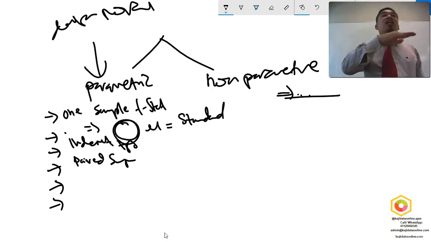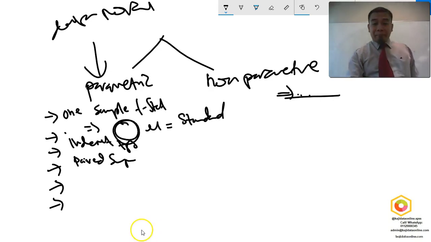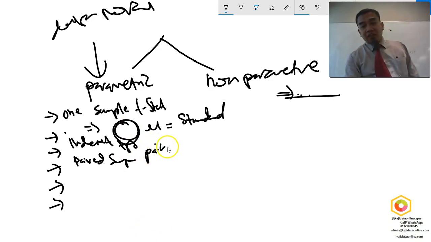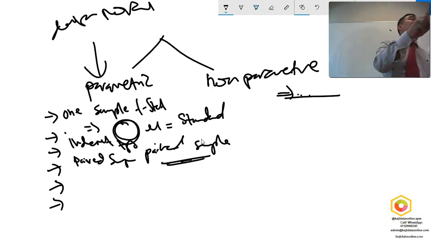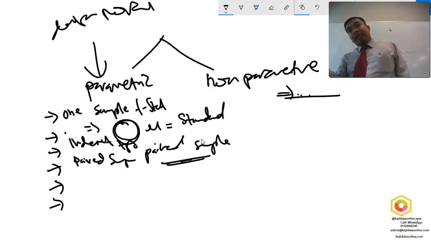So that one we call a dependent sample t-test, or paired samples. The paired sample is for us to monitor the same dependent group at different times: morning, afternoon, today, and the next day.